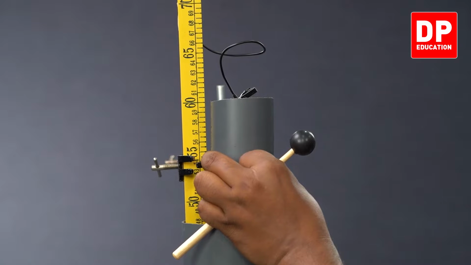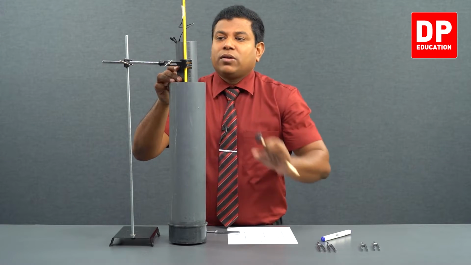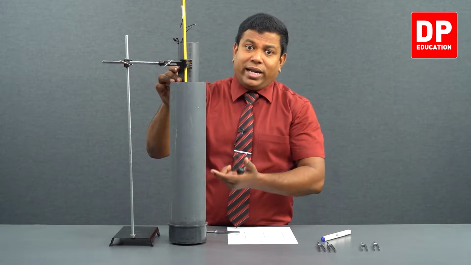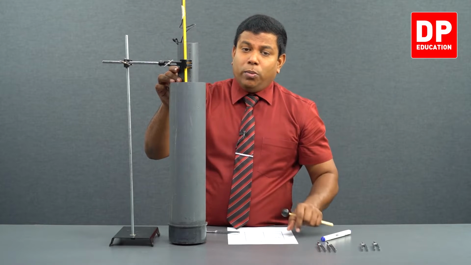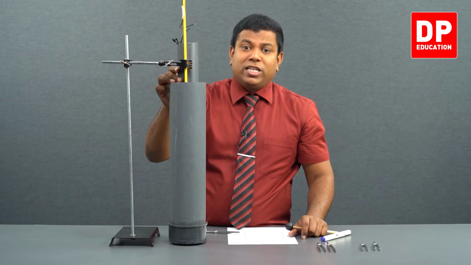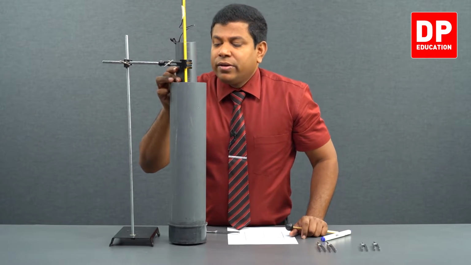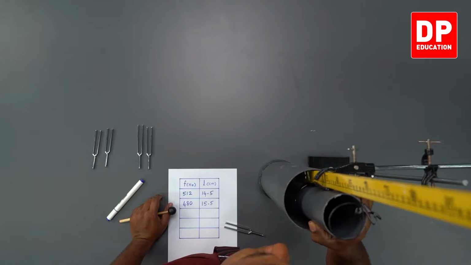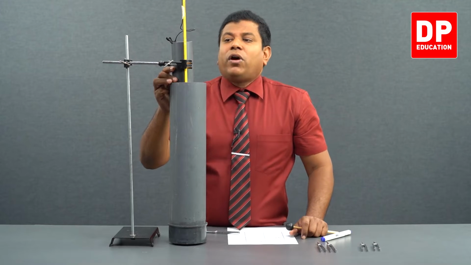When it is 60, check the water level, because the water level can change when you raise this tube up. The water level can go down because the displaced water is going to be less. Yes, as expected, it has come to 41.5 centimeters now.